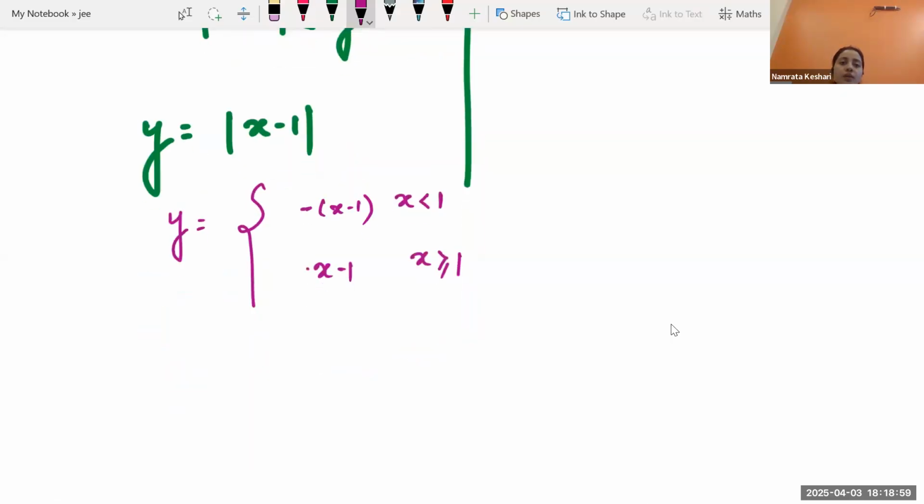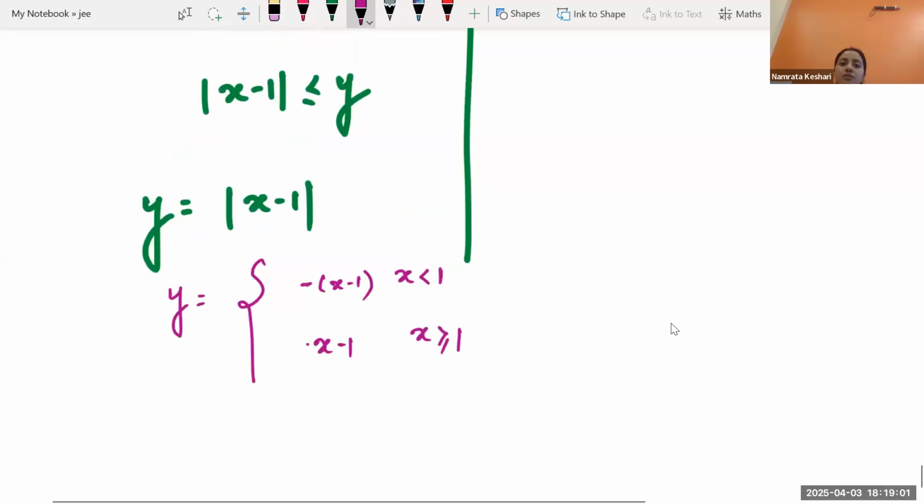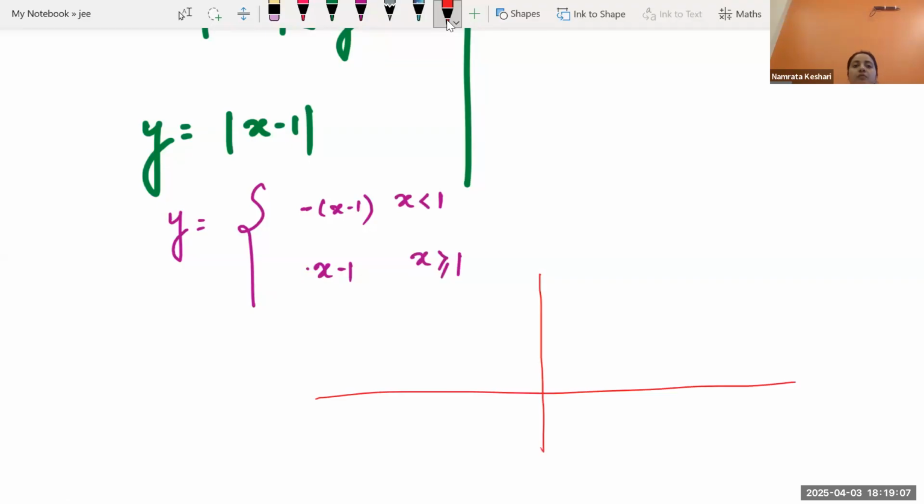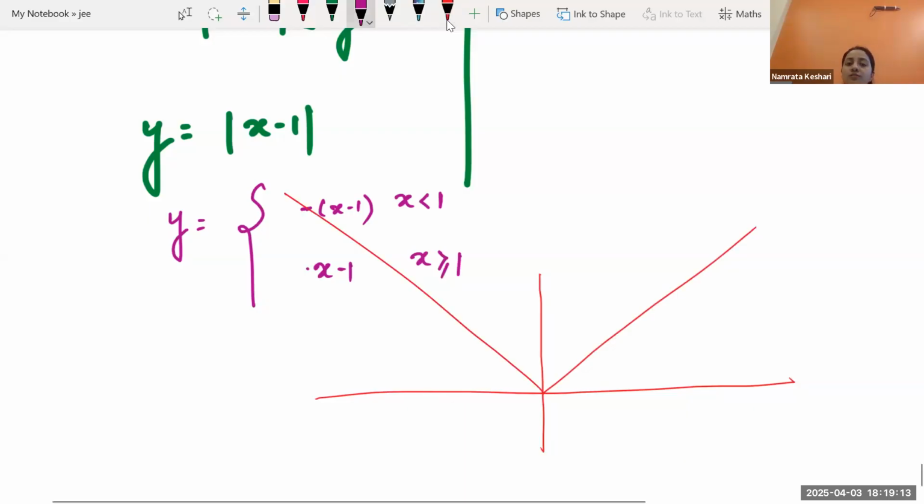Okay, and that day we were also discussing how to shift the graph. So here the mod x graph is this. Now, mod of x minus 1. I said that day that if inside the function there is an addition or subtraction, take it this way: x minus 1 is 0, so x equals 1, so the graph will shift 1 unit towards the right.